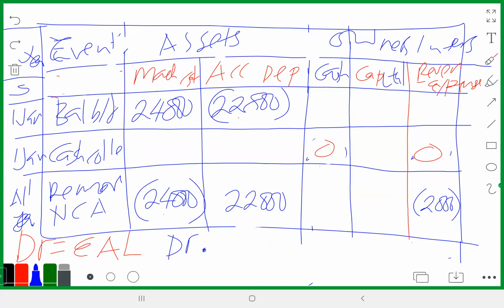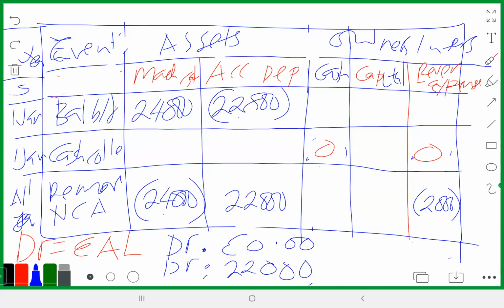There will be no debit, so £0.00 will be debited. Accumulated depreciation? 22,000. Okay, 22,000. Loss will be 0 as well.